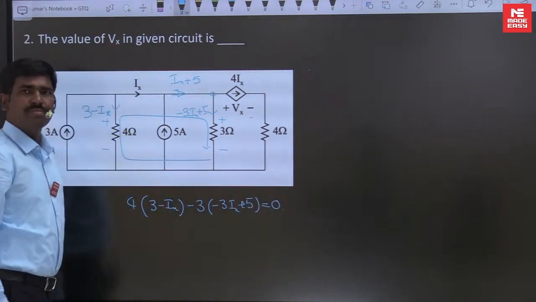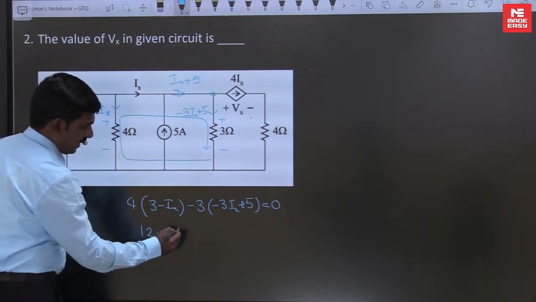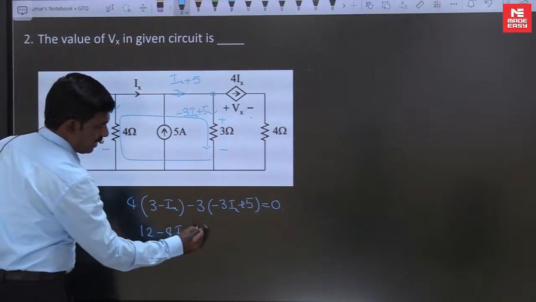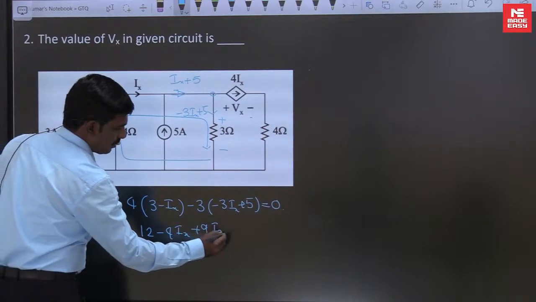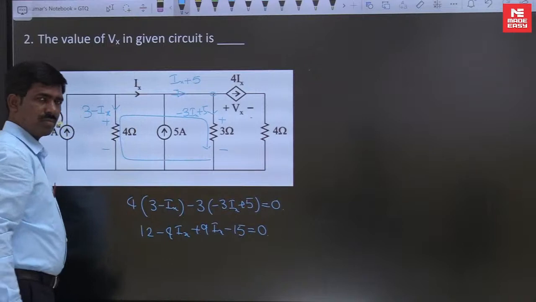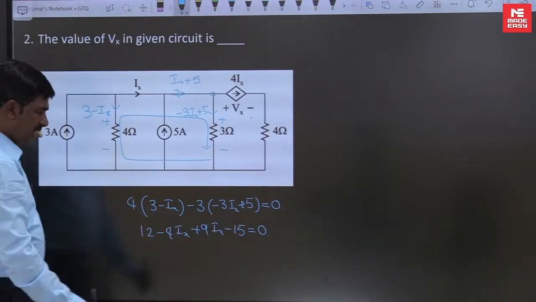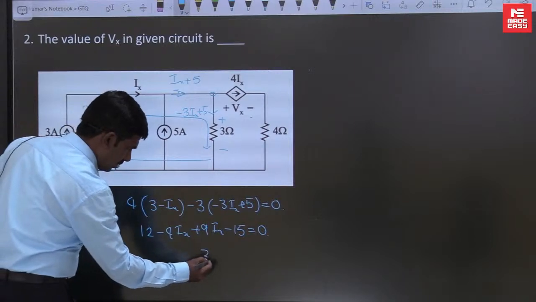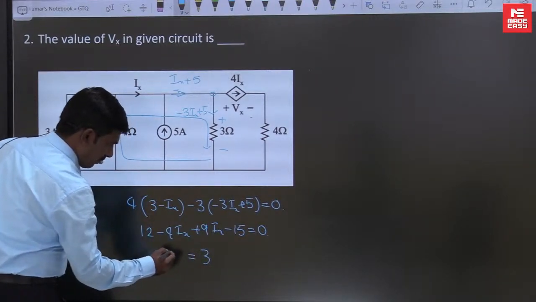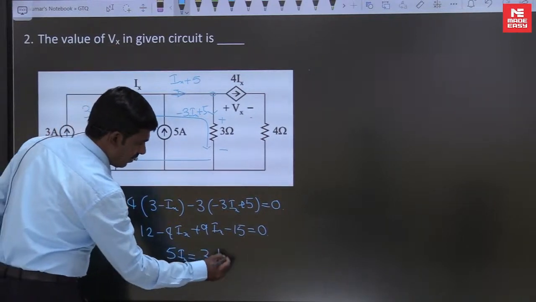It's a KVL. 12 minus 4Ix plus 9Ix minus 15 is equal to 0. 12 minus 15, that's minus 3, is equal to 5Ix. Ix is equal to 3 by 5.